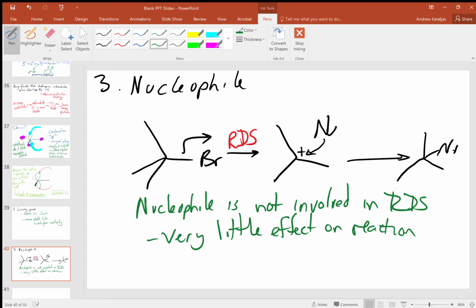Regardless of what the nucleophile is, the reaction is still likely to proceed. And again, that's because the nucleophile doesn't add in until after the rate determining step. Once we've done that rate determining step, we have an unstable carbocation which the nucleophile adds to very easily.